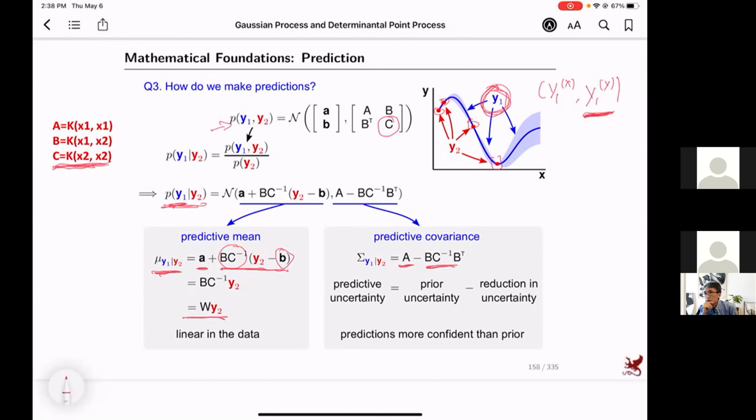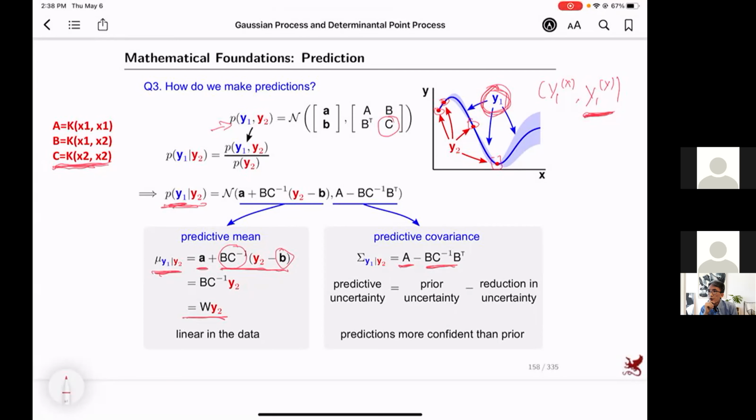If that is the case, you can just put your multiple y2s together, concatenate them as a longer vector, and then figure out the bigger covariance matrix. I doubt that it will actually work. Why is that? Because these are different functions.